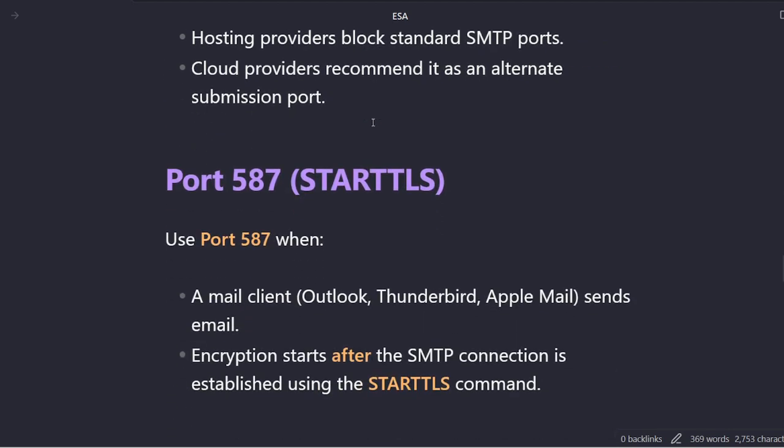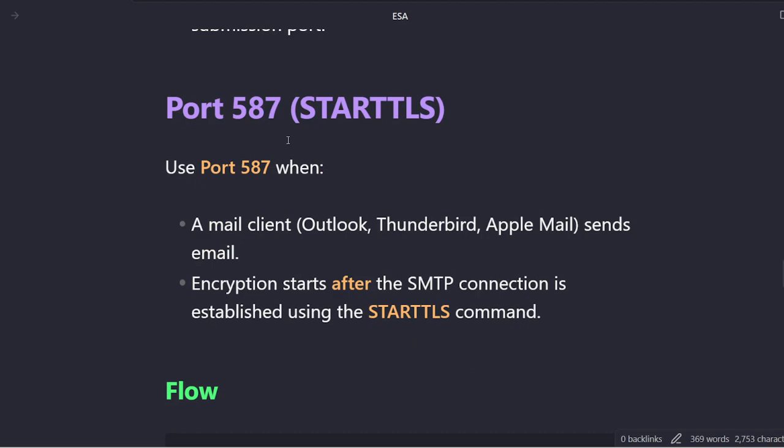Coming to the very important port number, which is port 587. Here you will understand about the STARTTLS command. First of all, why do we use port 587? We use port 587 when we have a mail client like Outlook, Thunderbird, or Apple Mail.